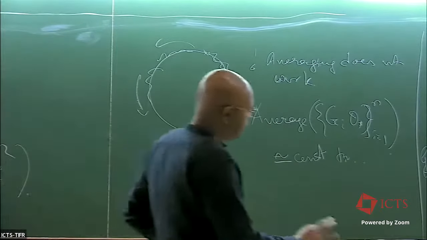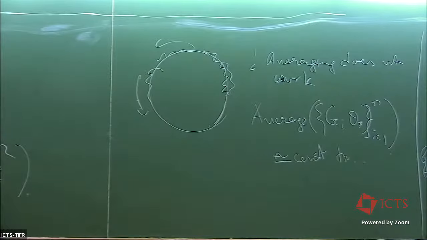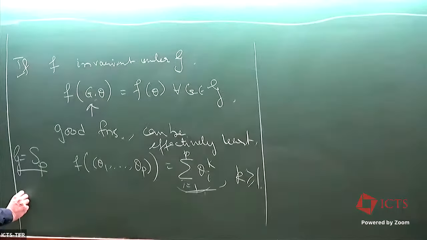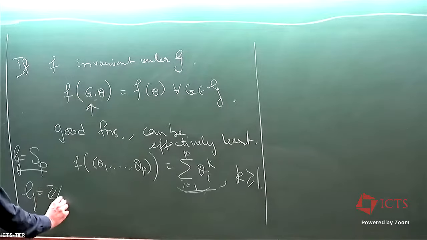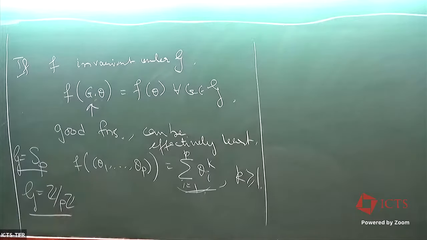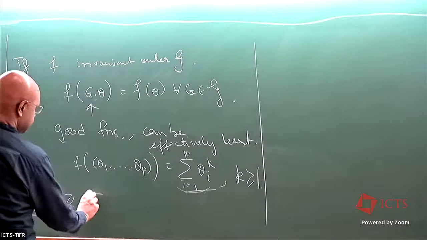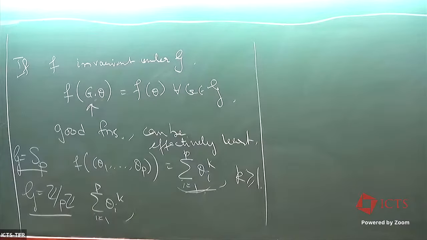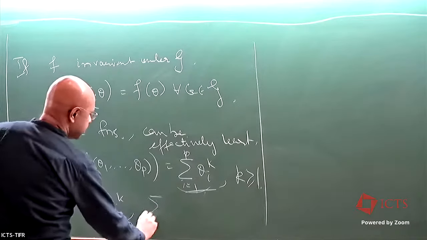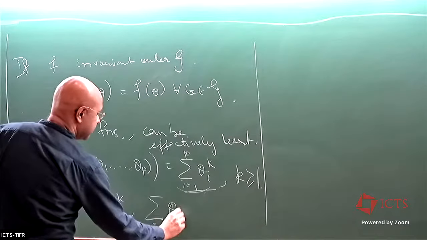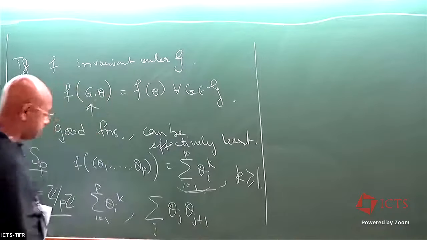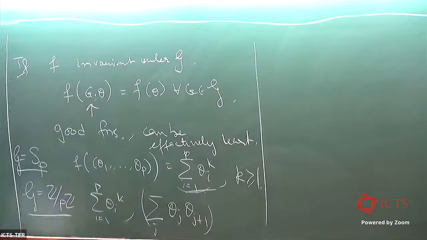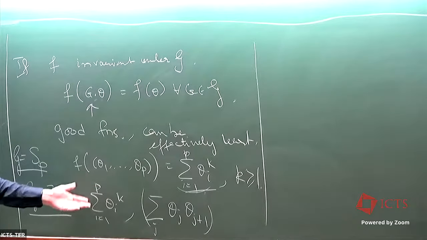But for the moment, we are just looking at some examples. So these are some clear examples. For G equal to Z mod pZ, which is the MRA model, multi-reference alignment model, the same examples work, so the summation of theta i, i equal to 1 to p. And actually, it is easy to see that you can get other classes of invariant functions which are new, which are not covered by the permutation example, and which are not generated by these moments.